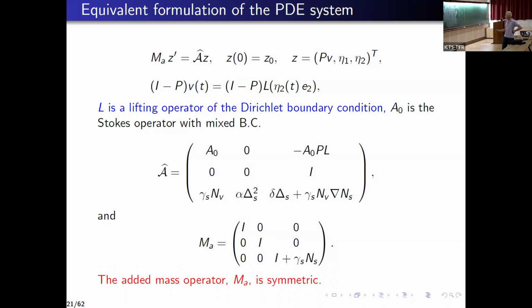This is the contribution of eta 2t at the boundary. So this is the component for eta 2. This corresponds to V equal to eta 2 in the normal direction at the boundary. L is the lifting operator. So this is the contribution of the Dirichlet boundary condition depending on eta 2.